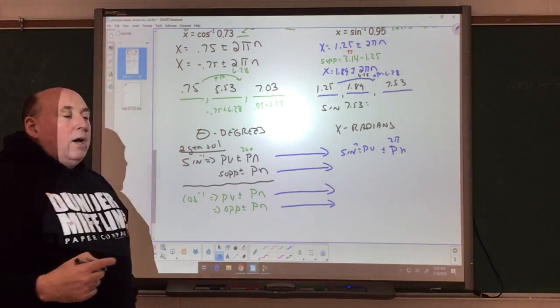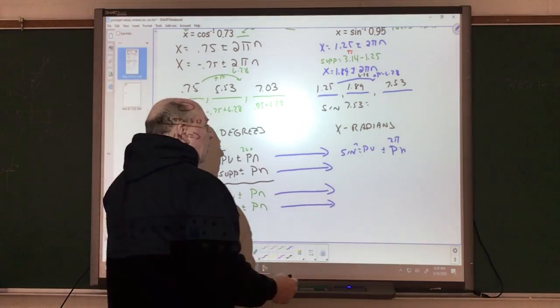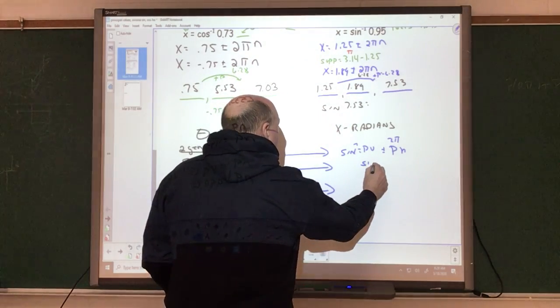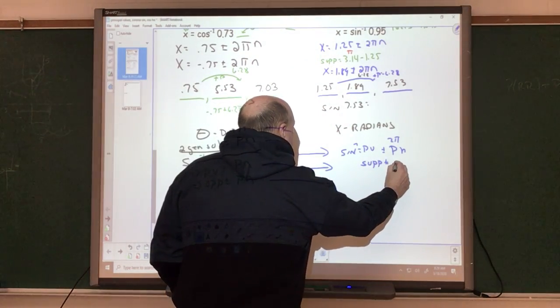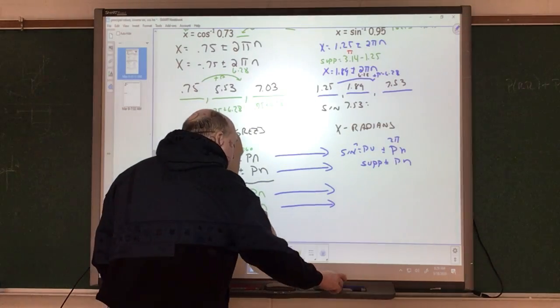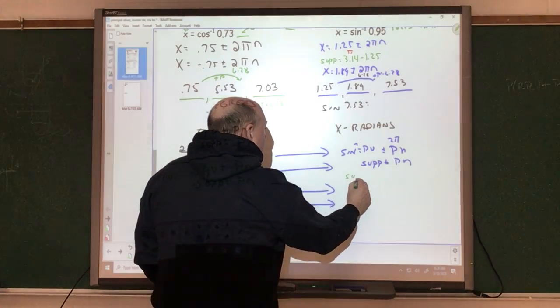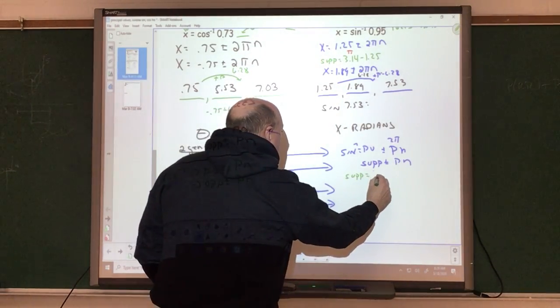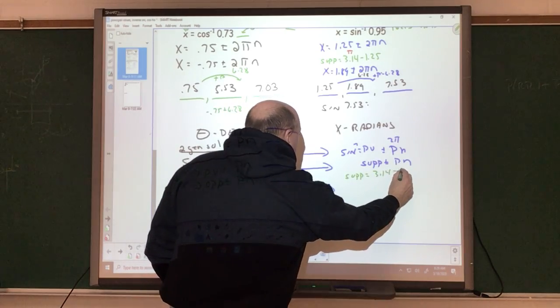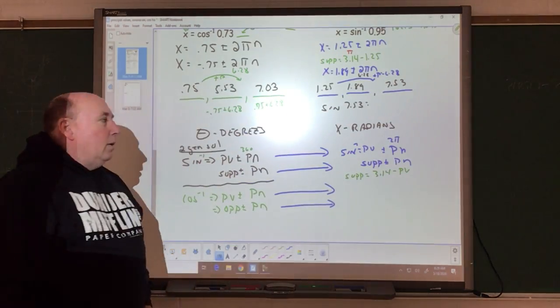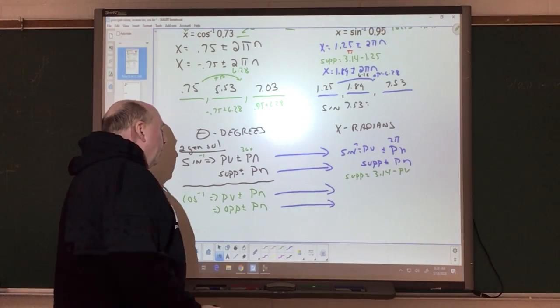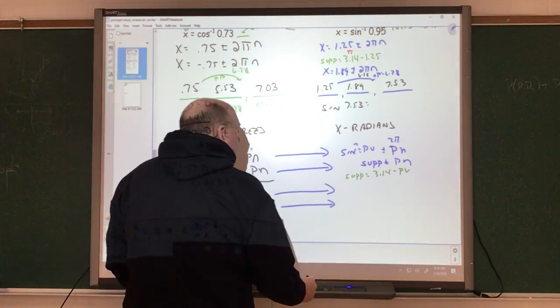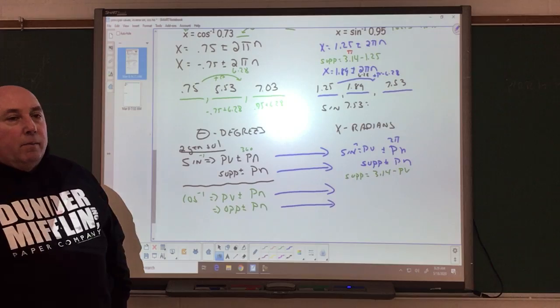So we have the principal value plus or minus the period n, and then we have the supplement plus or minus the period n. But once again, how do we find the supplement? This is 3.14 minus the principal value. That will be the supplement. And then the cosine is the same thing.